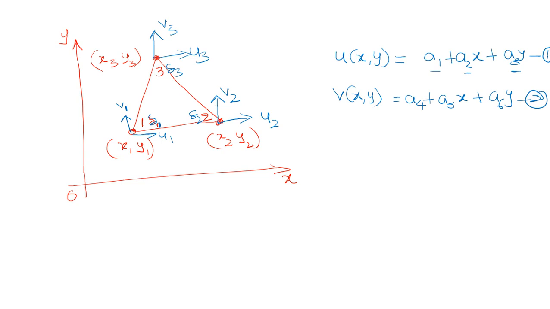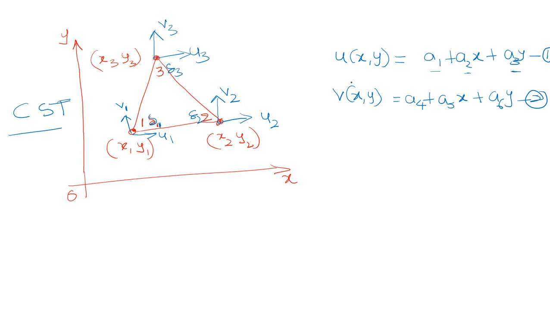Now our aim is to develop the shape functions for this 3-noded triangular element, the CST element. Simply we can discuss the CST element, and for understanding purposes I am writing CST: constant strain triangular element.